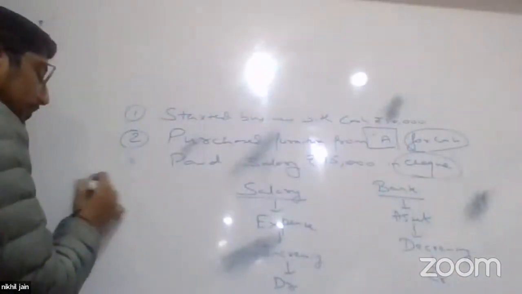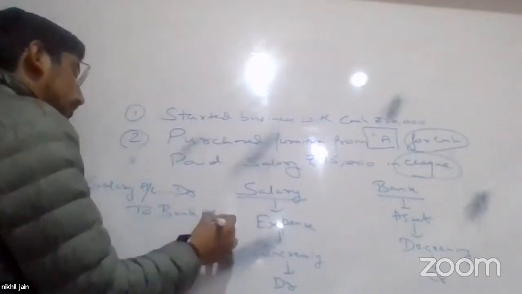So the journal entry will be: salary account debit to bank account.